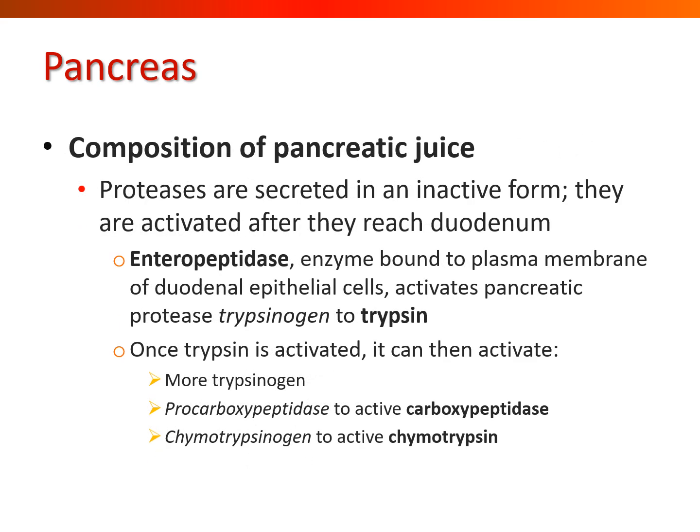Now, as I said, these enzymes are going to be largely in an inactive form and are going to have to be activated once they reach the duodenum. So in the duodenum, we have enteropeptidase, which is an enzyme bound to the plasma membrane of the duodenum, and it's going to activate the pancreatic protease trypsinogen and convert it into trypsin.